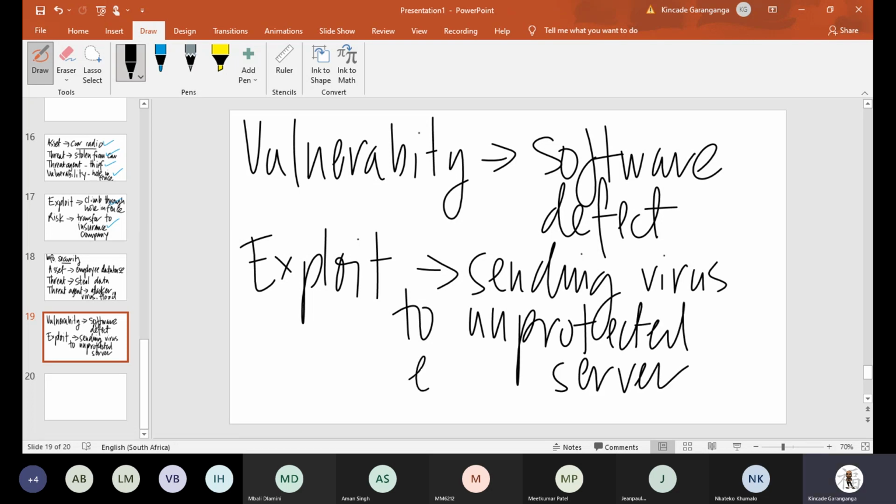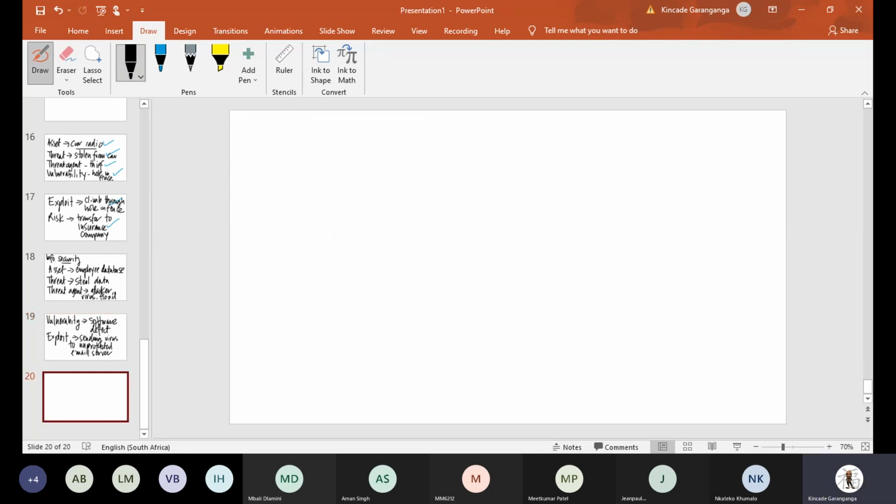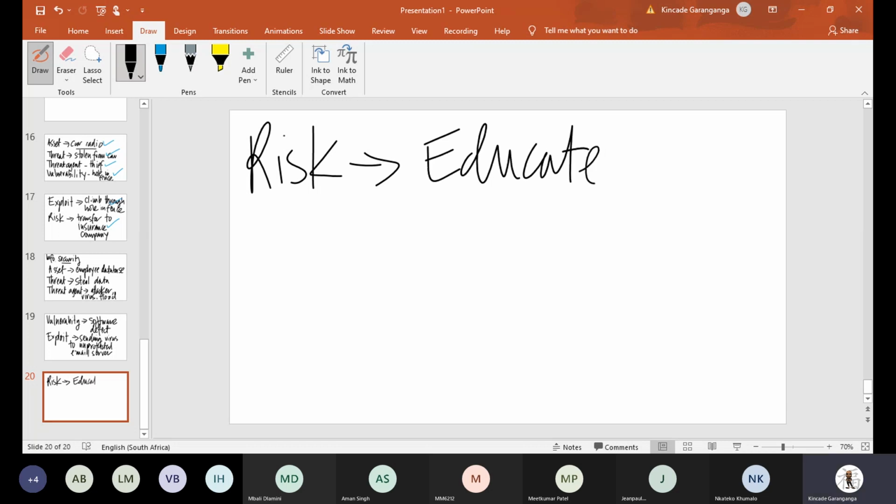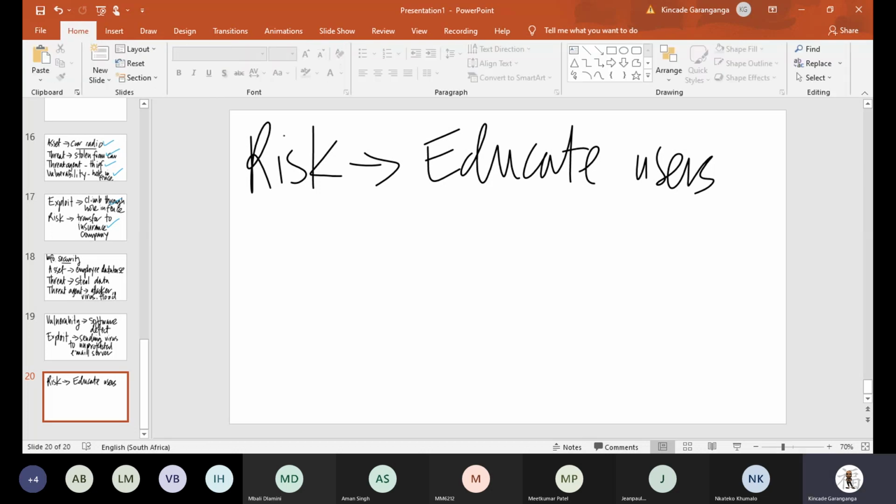Here specifically we're discussing an email server. And at the end of the day, what is the actual risk in this regard? What we're looking at is that we need to educate the users, ensuring they understand some of the issues that can take place as far as your specific setup is concerned.